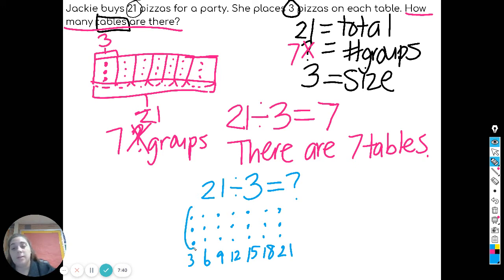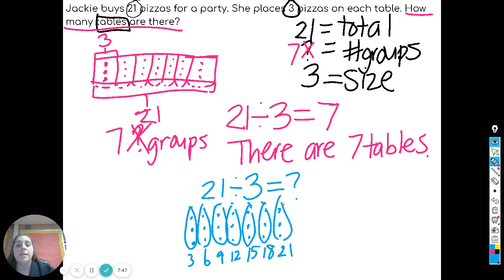Well, we needed 1, 2, 3, 4, 5, 6, 7. So we still got 7 even drawing an array, okay? And you can see that it looks like our 7 tables with 3 pizzas on each table. All right, let's go ahead and continue.